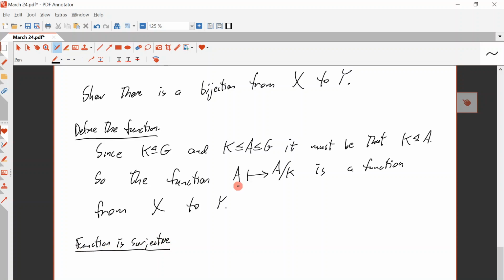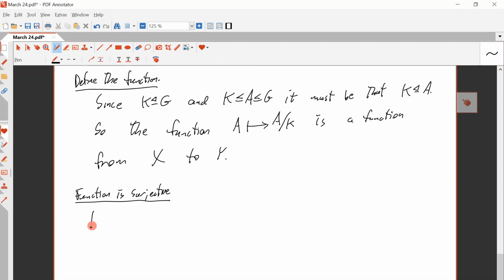Okay, so this correspondence A to A mod K, it's a function from X to Y, and I want to show it's surjective. Right, so Y is the set of all B that are subgroups of G mod K. Right, so a subgroup of G mod K, it's some set of cosets.